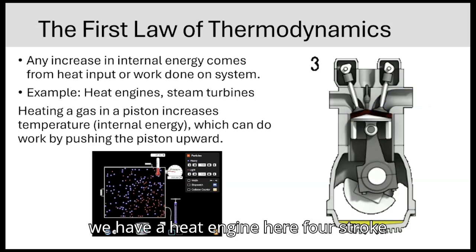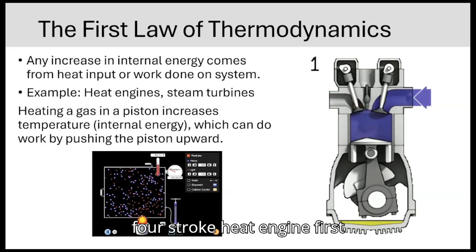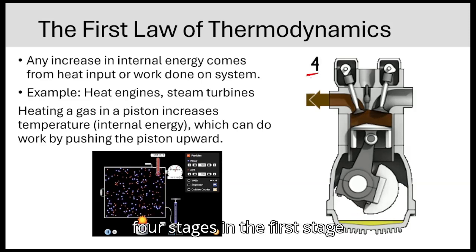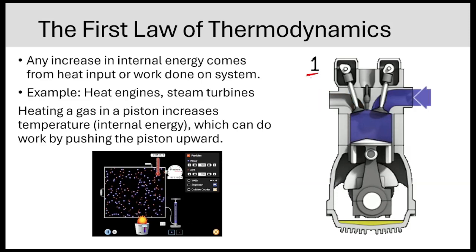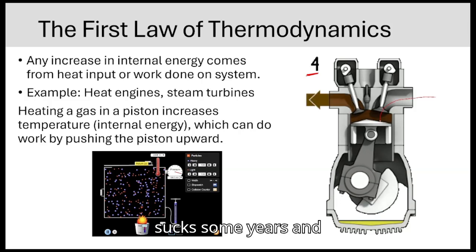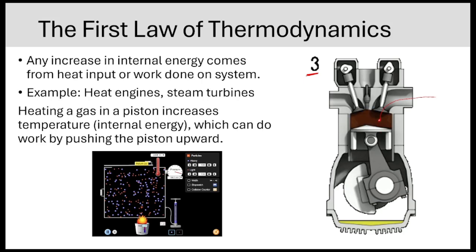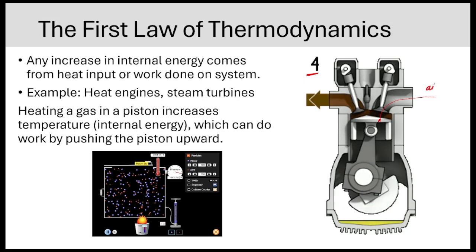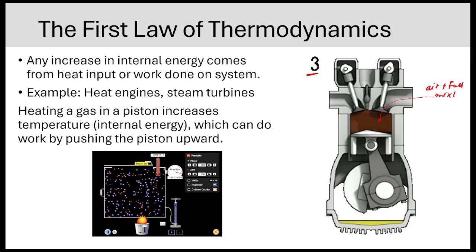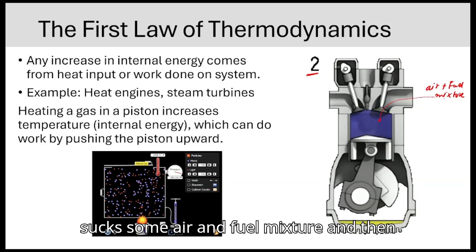We have a heat engine here, a four stroke heat engine. First, we can see here there are four stages. In the first stage, the heat engine sucks in some air and fuel mixture.